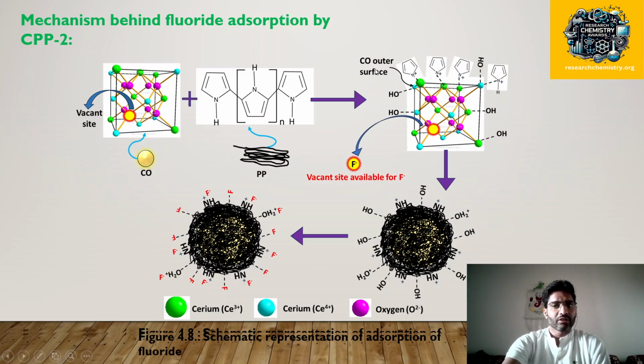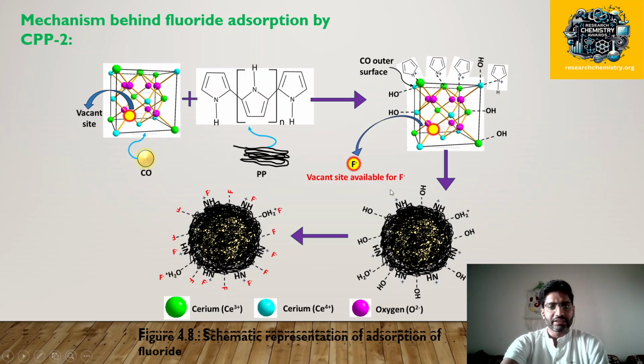This also binds it to these ceria particles, and as they have bound, there are many groups responsible for the absorption of fluoride, such as NH positive and OH2 positive. Fluoride ions are taken up by the exchange of hydroxyl group by means of fluoride.